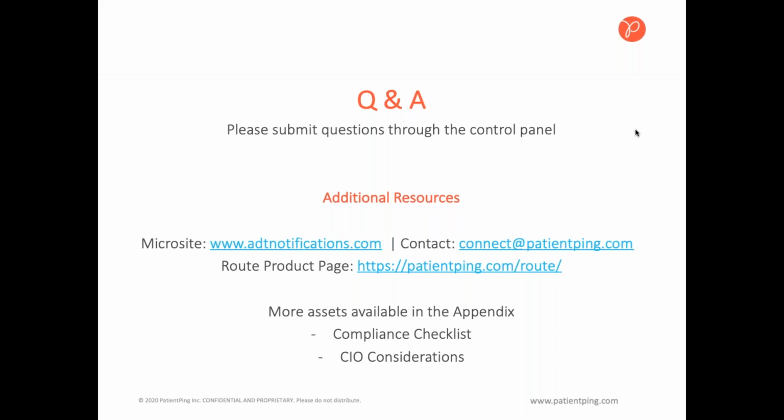Let's see, another question. When should hospitals begin vetting different solutions in order to realistically meet the compliance deadline? I can take that question, Chris. CMS did extend the compliance deadline from the initial 6 months in the initial final rule to 12 months in the final rule published in the Federal Register. 12 months is still a short time frame to make sure you're compliant in your hospital and health system.